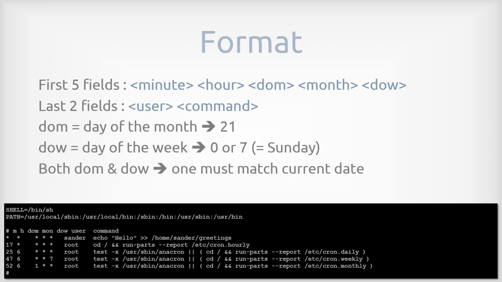If both day of the month and day of the week are specified, then only one must match the current date. Important is that the order of the dates is top down in the crontab file.